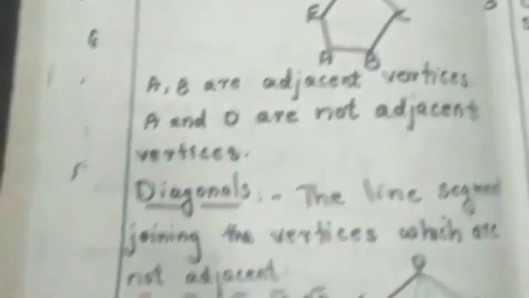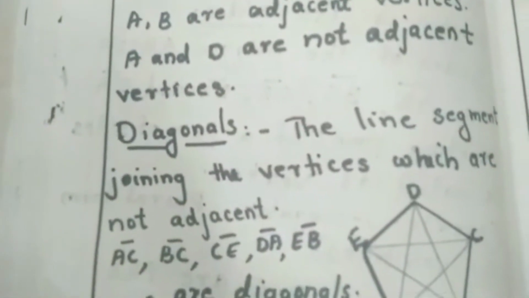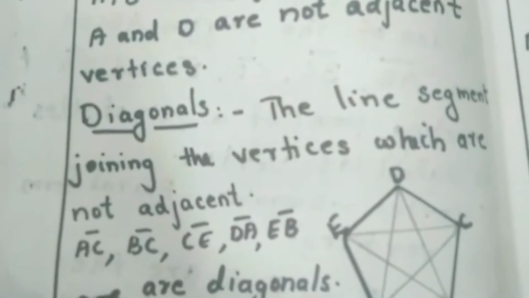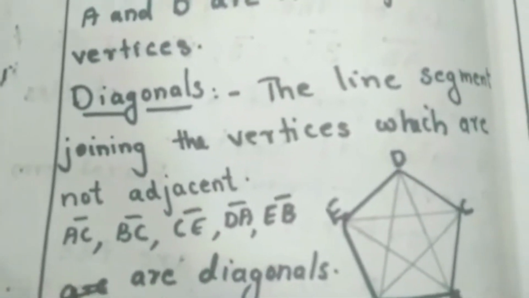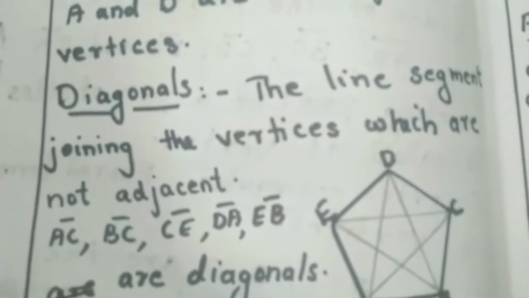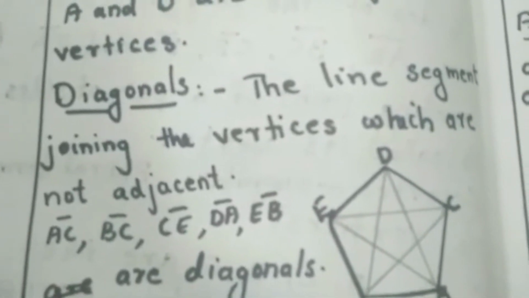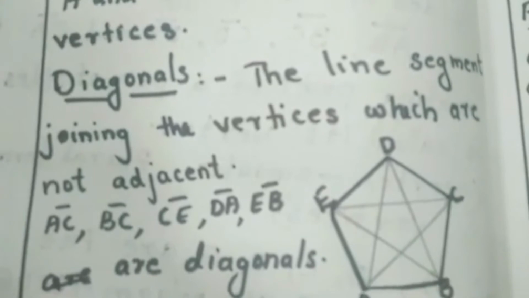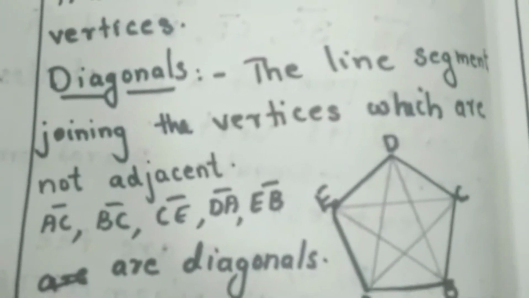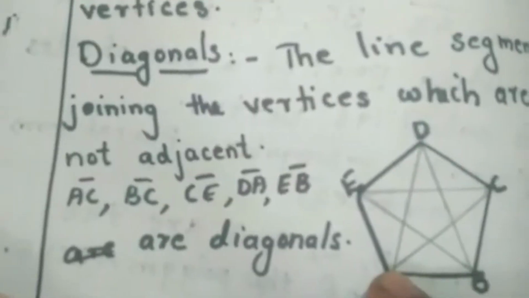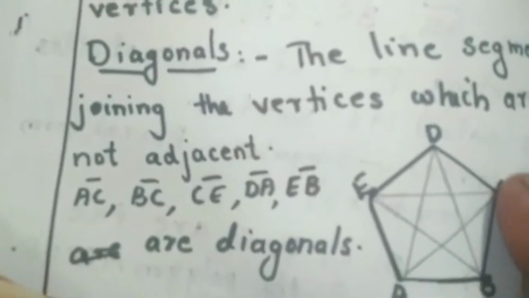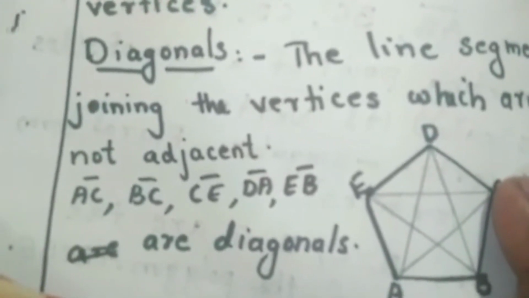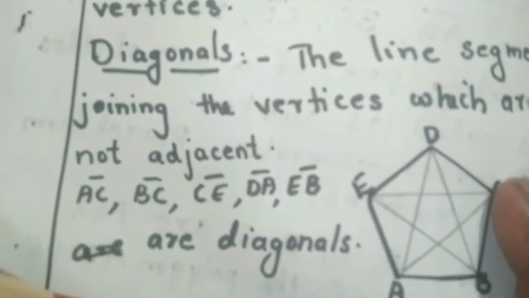Now, a diagonal is the line segment joining the vertices which are not adjacent. What is a diagonal? The line segment joining the vertices of the polygon which are not adjacent. Here, the line segment joining the 2 vertices A and C, because they are not adjacent vertices, we can join them.